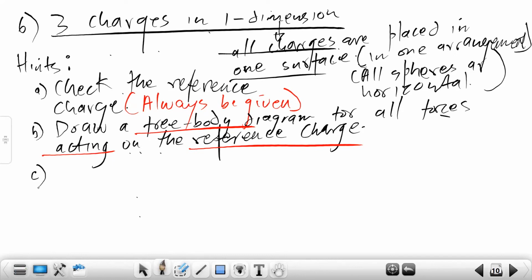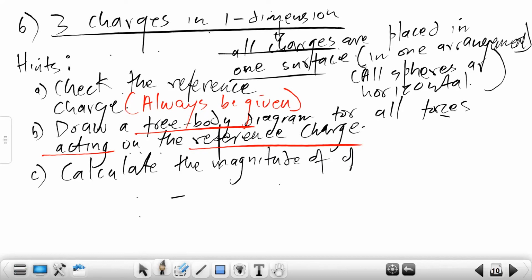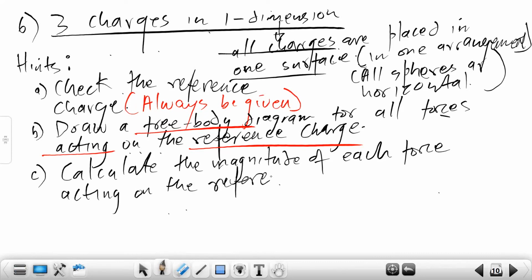So after drawing a free body diagram, you will need to calculate the magnitude of each force acting on the reference charge. So basically we are saying use F is equals to K Q1 Q2 over R squared. But what does this say?